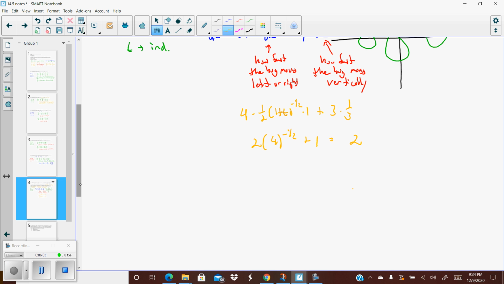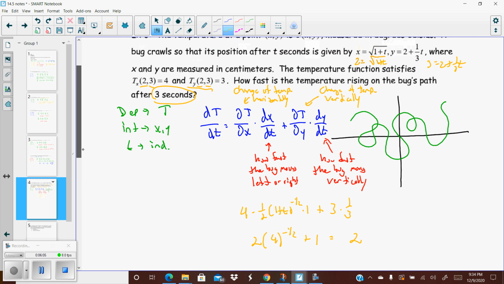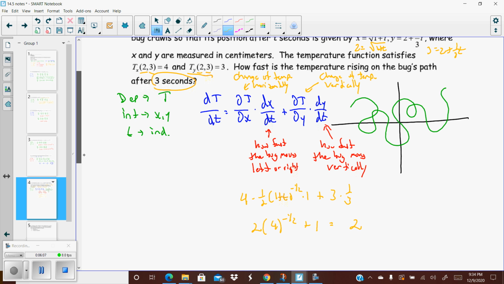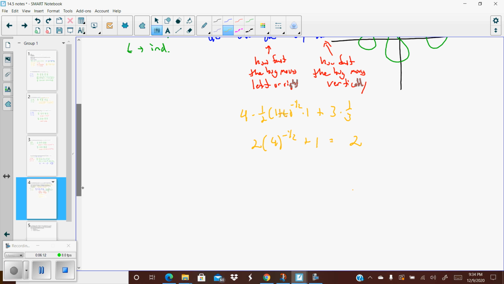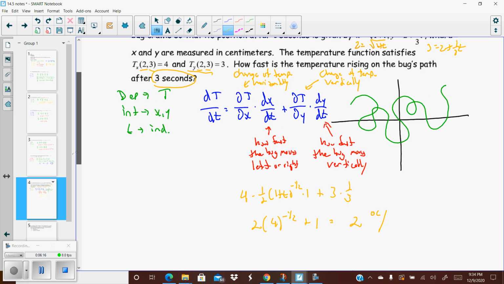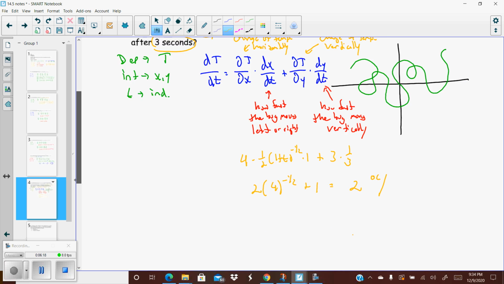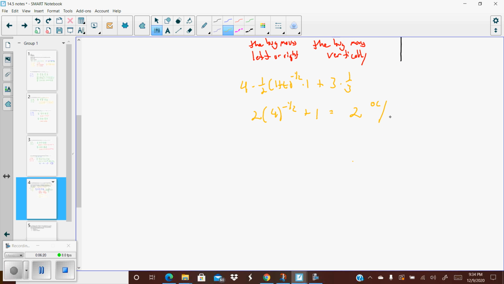And it is going to have units. We are talking about how fast the temperature is rising on the bug's path, and it's with respect to time. So it's going to be in degrees Celsius per second, I believe it was.